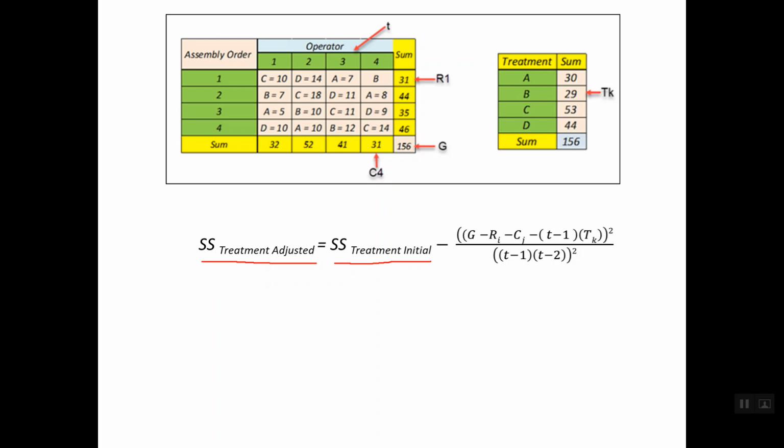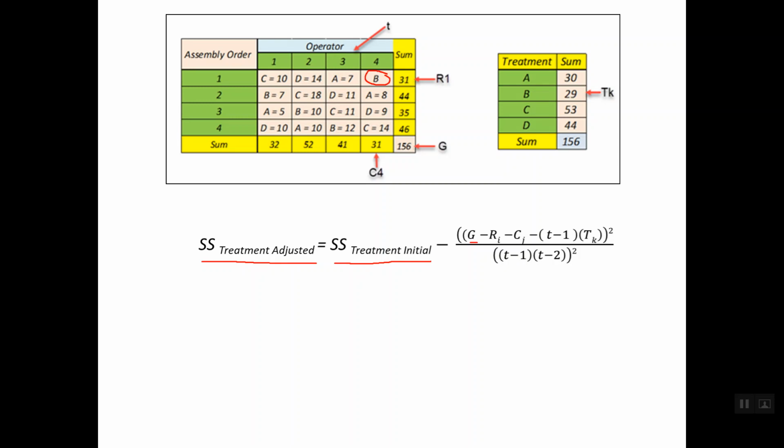Regarding this value, capital G here represents the marginal total or the total observation. Notice that this is the original table where we have a missing value here in row 1 and column 4. So capital G is equal to 156.